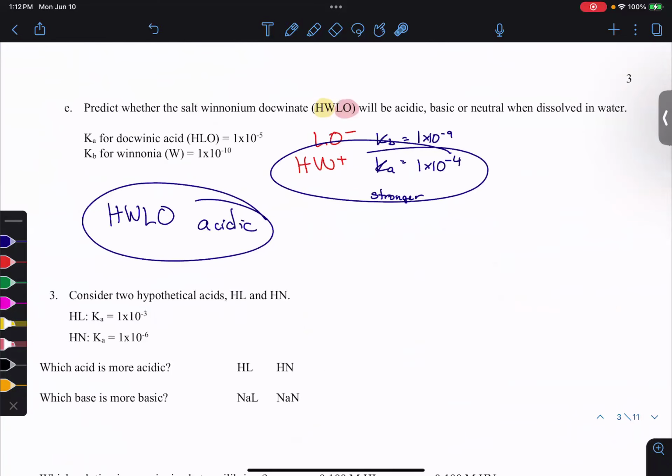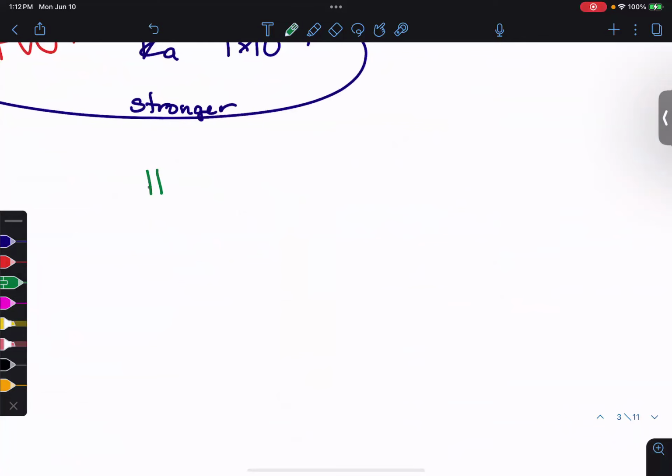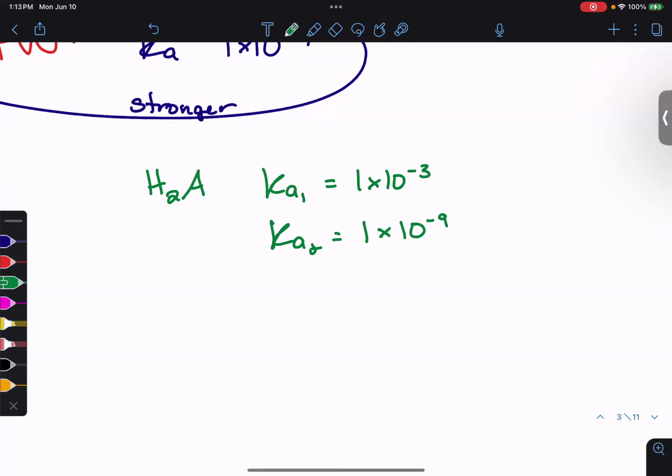Okay, I want to do one more. Okay, I have a diprotic acid, H2A. If I tell you that Ka1 is equal to 1 times 10 to the negative 3, and Ka2 is 1 times 10 to the negative 9, and you put NaHA into solution, is this going to be acidic or basic?